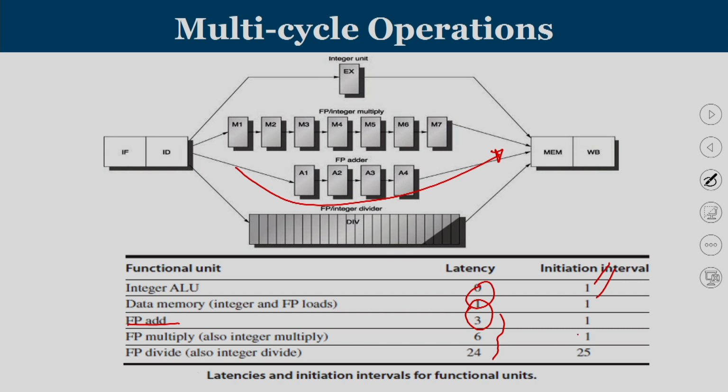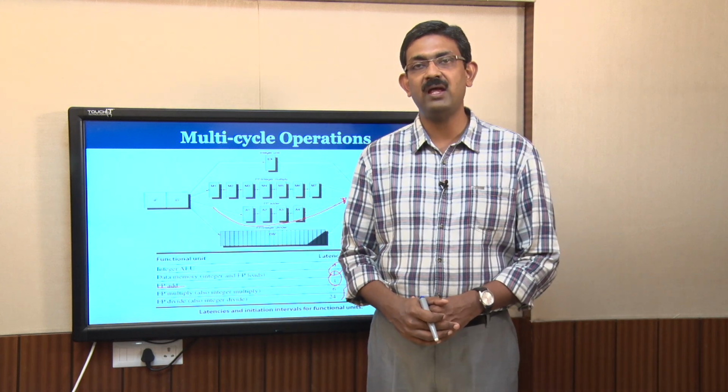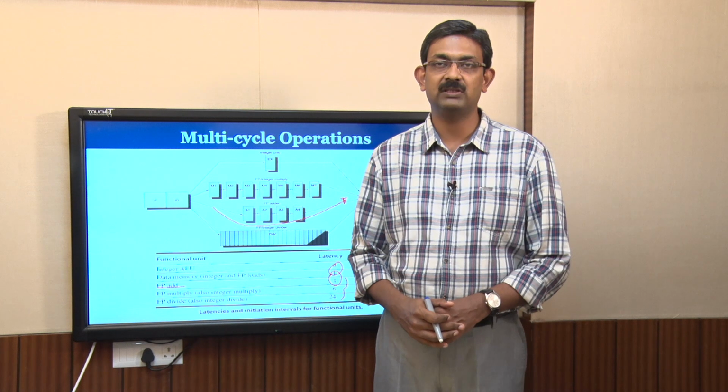You can see that since all the units are pipelined, the initiation interval is only 1. When you have an unpipelined unit, the initiation interval is going to be 24, that is the normal latency plus 1. So latency and initiation interval help us to understand how long the subsequent instruction has to wait in order to use that functional unit.